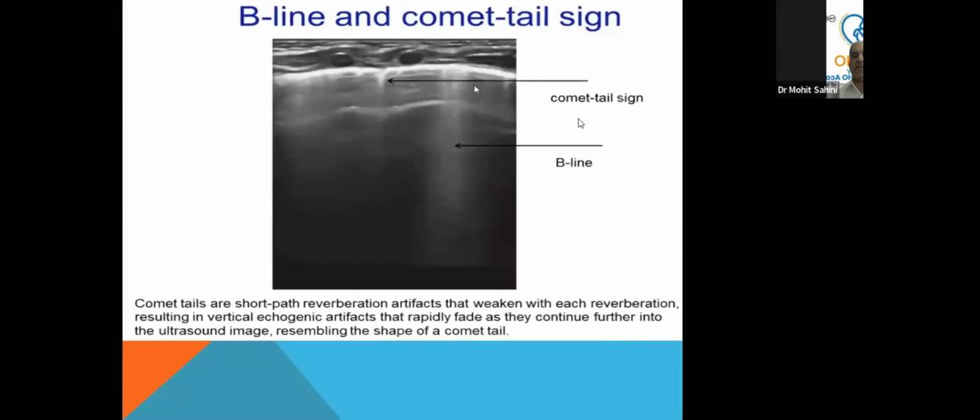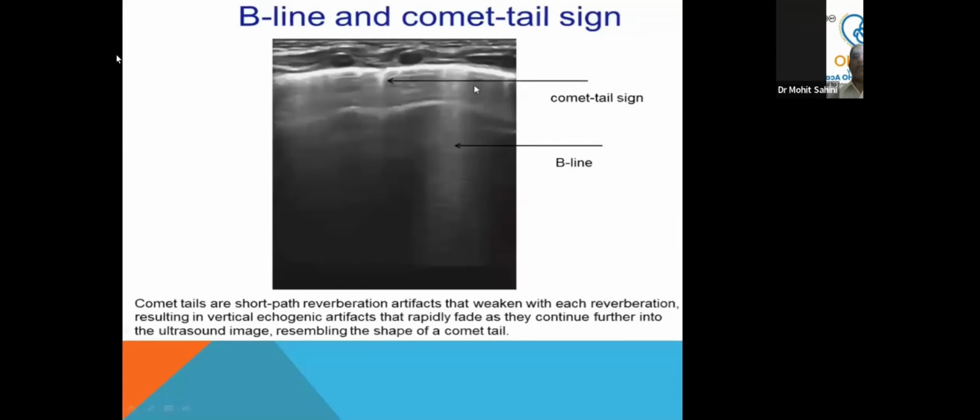So if you have less than 3 B lines or 3 B lines in one sector, these are known as B lines. More than 3 B lines in one sector are confluent B lines. And if you have confluent B lines in 3 sectors, then it is AIS. And if the differentiation of pleura with lung parenchyma and ribs is gone, it is compact B lines.